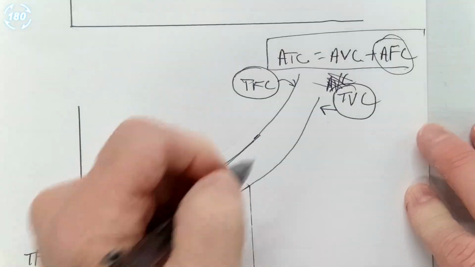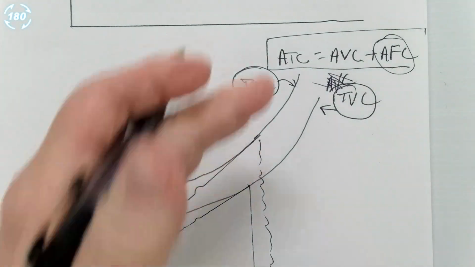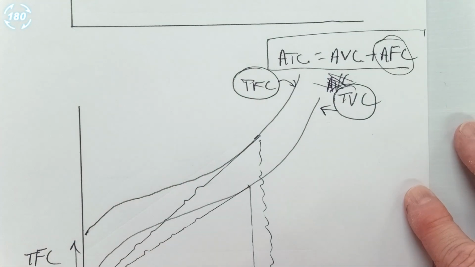And so what we see is that in both cases, the marginal is going to equal the average, but that's going to occur at a higher value of output, Q, here than here.